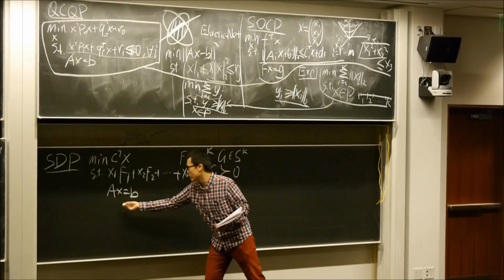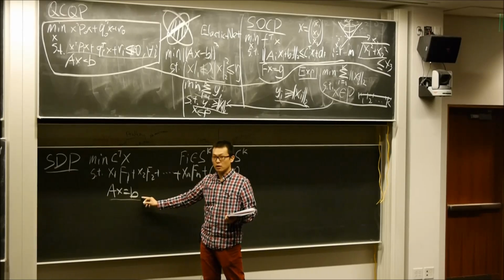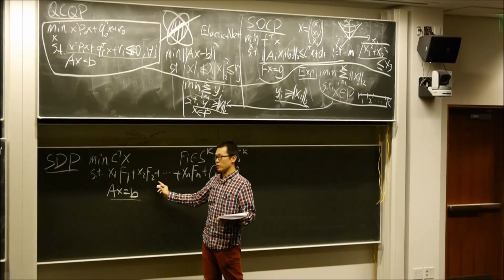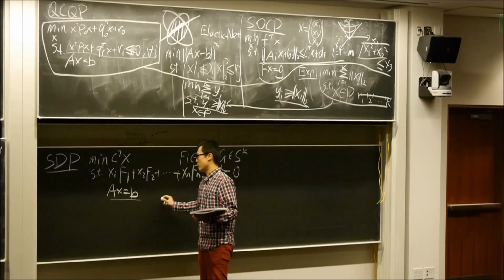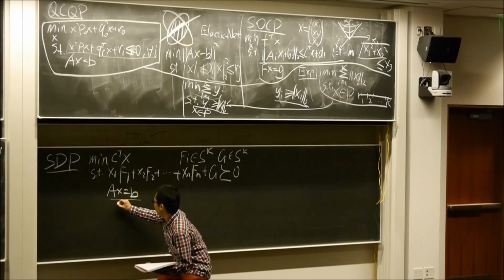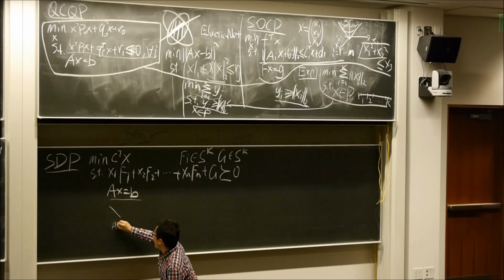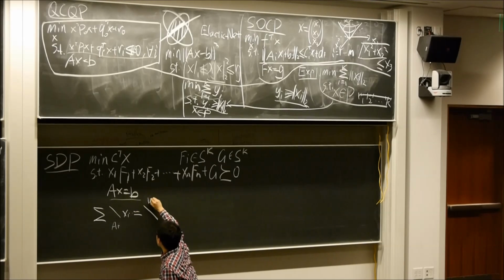In fact, we can actually remove this linear constraint and add it into the LMI by making diagonal matrices from the a_i times x_i, sum equals b.